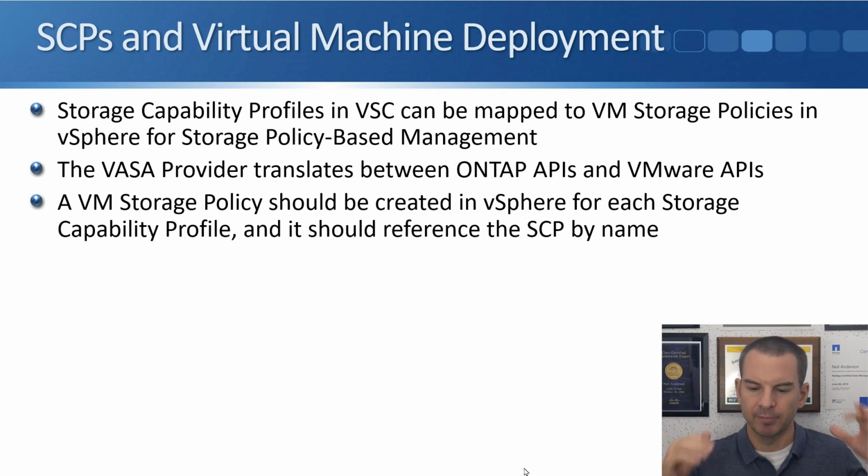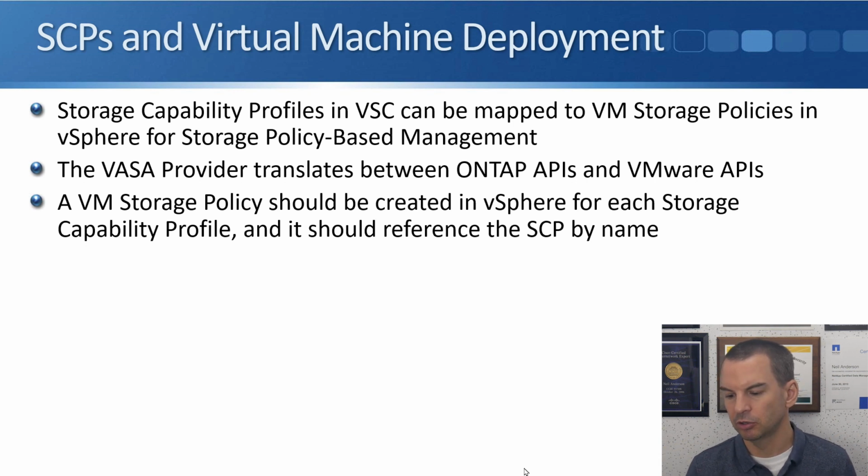Okay, so when you provision the data store on your ONTAP storage, you can do that with the storage capability profile from VSC. But then later, when you provision your virtual machines onto those data stores, you can specify a profile there, but that uses the VM storage policy, which is on a different page, but it is directly mapped to the storage capability profile in VSC.